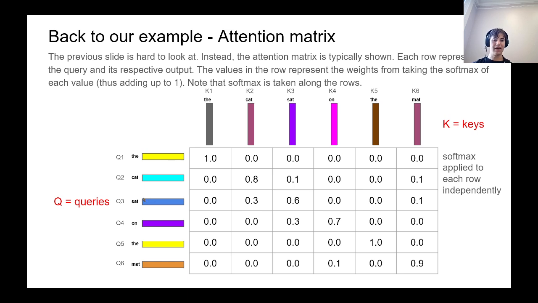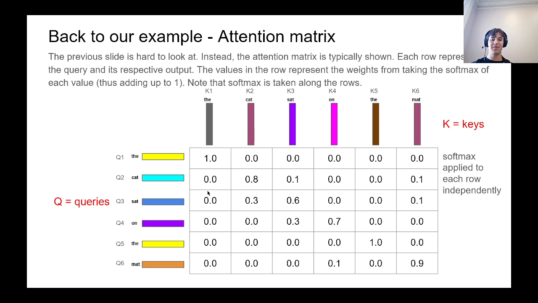For the word sat, like we had before, it's going to take 30% from cat, 60% from sat, and 10% from mat. So literally what this row is representing is the attention weights that we have, and the attention weights are formed from the softmax on the inner product, where the softmax is performed along the row. And what this represents is how am I going to weigh every single value.